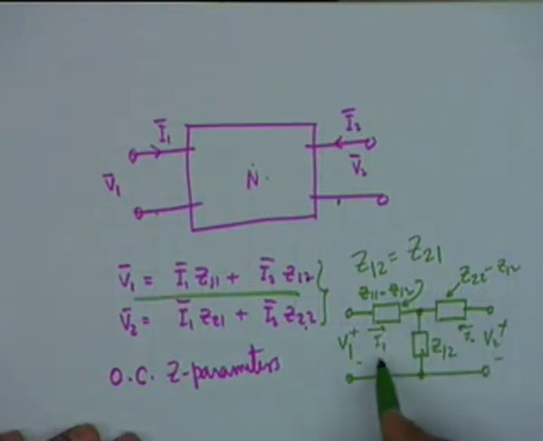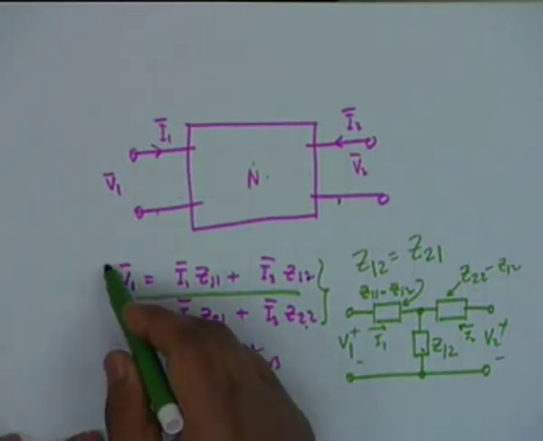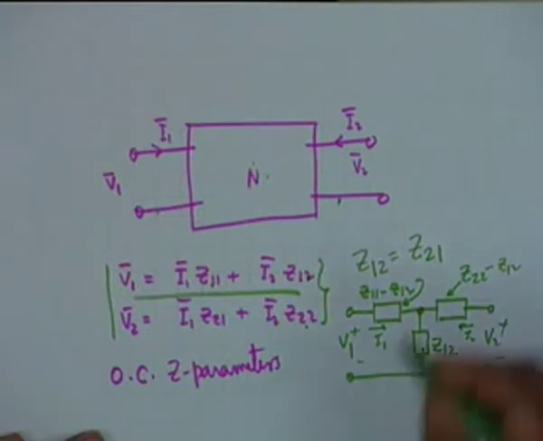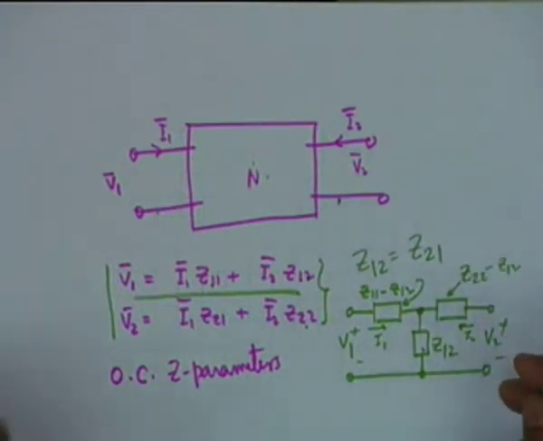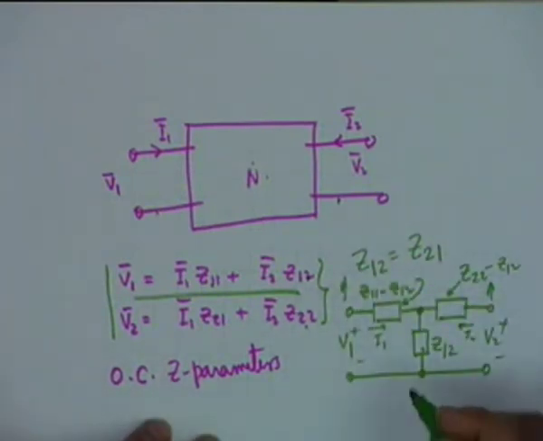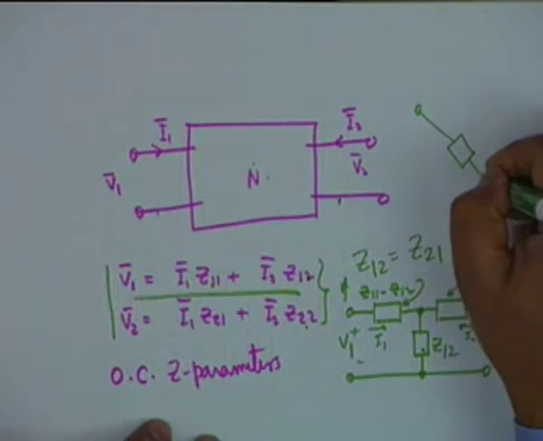So the shape of the network is that of a T, and therefore it is called the T network model of the two equations, T network model, capital T. You can also, if you pull this terminal up and this terminal up, show it like this.